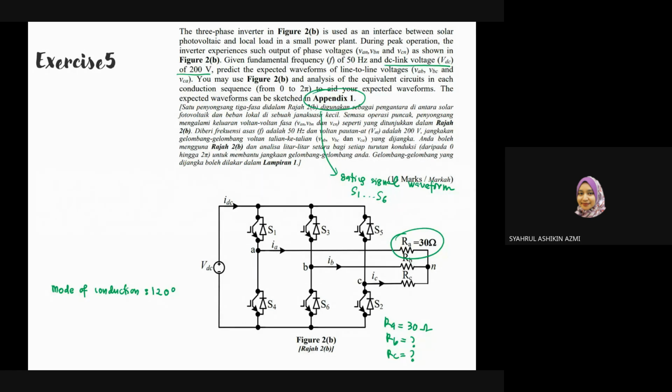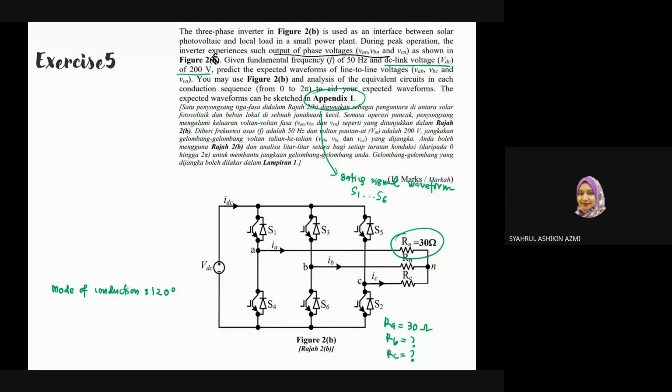Now we go to exercise 5. What is the question? You have a 3-phase inverter, which experiences phase voltage here, and has an output shown in the figure, I think this is the wrong numbering.